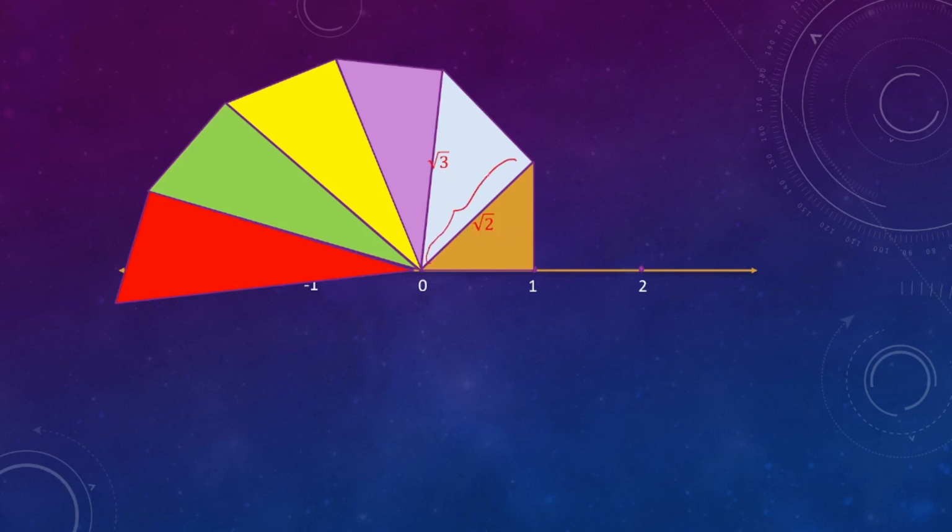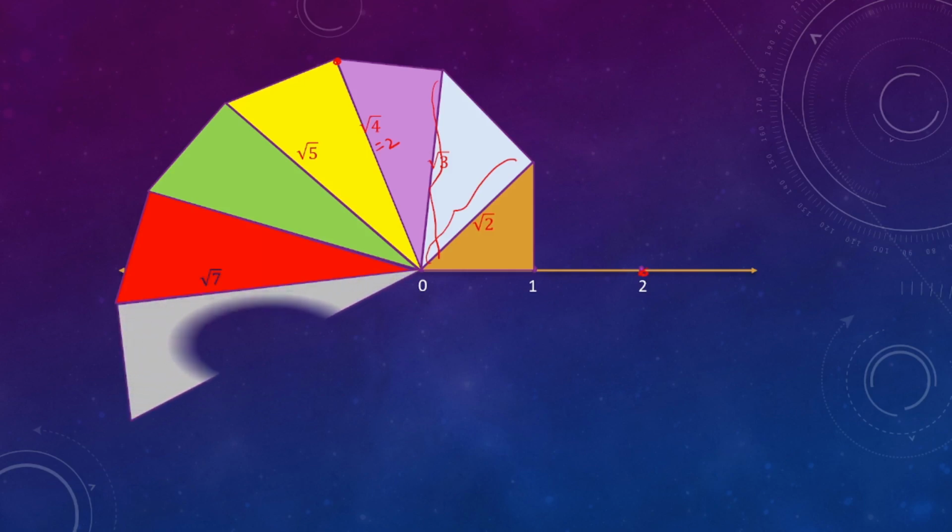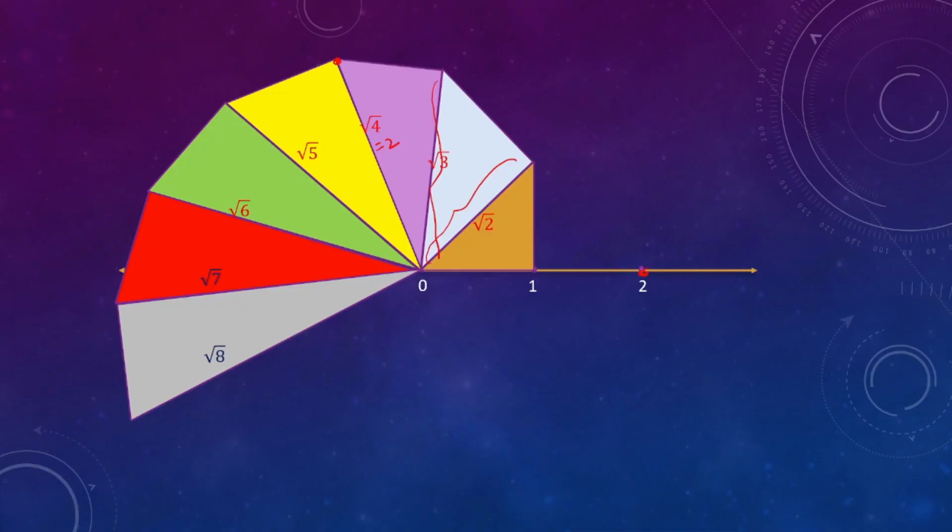We bring it down to the number line. This is square root of 3, and this one square root of 4. Mind you, this is not an irrational number, it is equal to 2. So this arc cuts at 2 here, and again root 5, root 6, root 7, like that we can continue and you'll get a beautiful picture popularly known as the square root spiral.